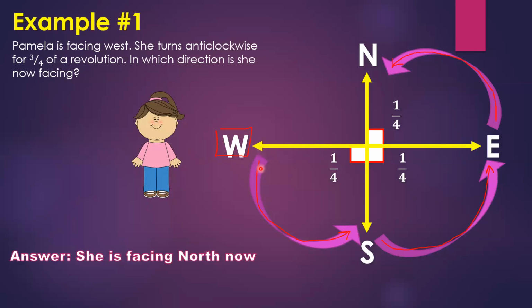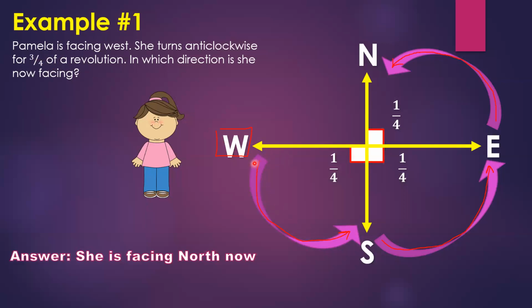So I guess that's moving 3 times around the compass. Why 3 times? Because it's 3/4 of a revolution. So it's 4 boxes, but you're moving 3 times out of the 4, and that's why it's 3/4 of a revolution.